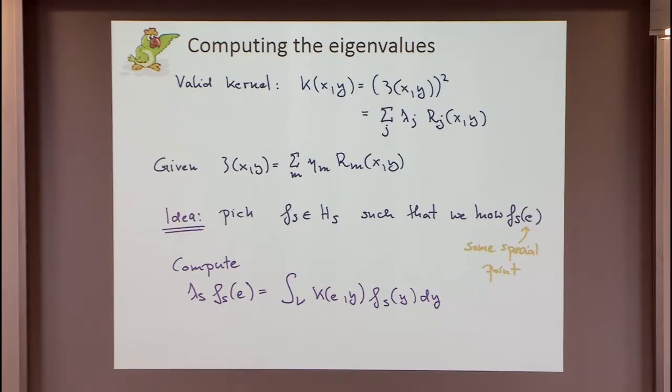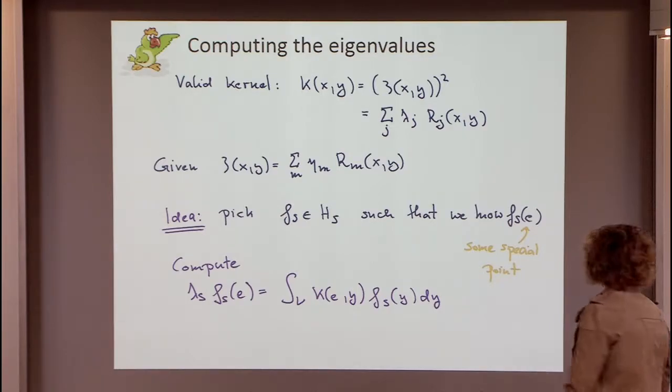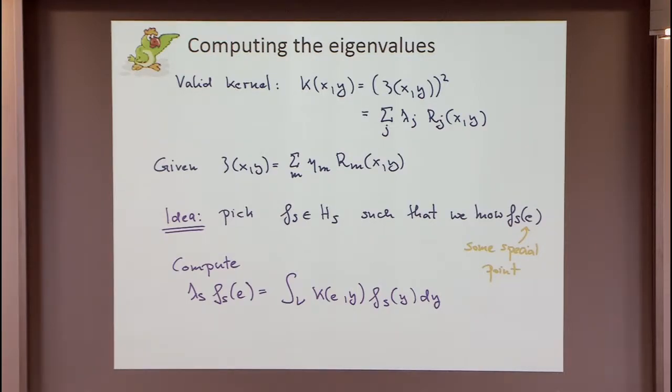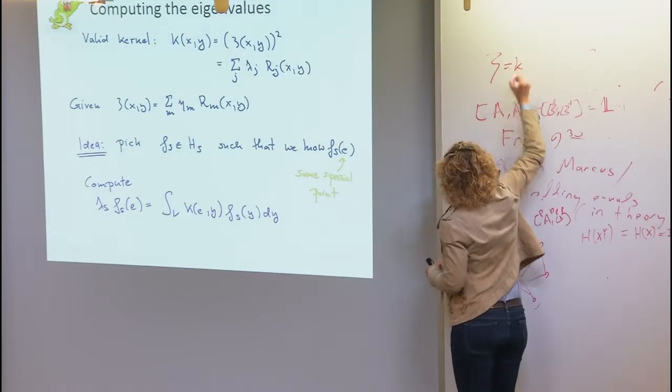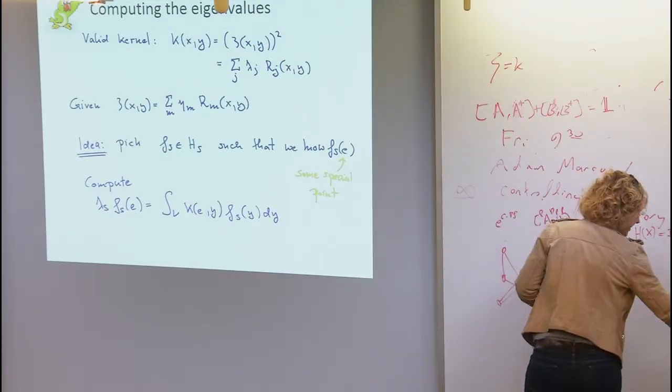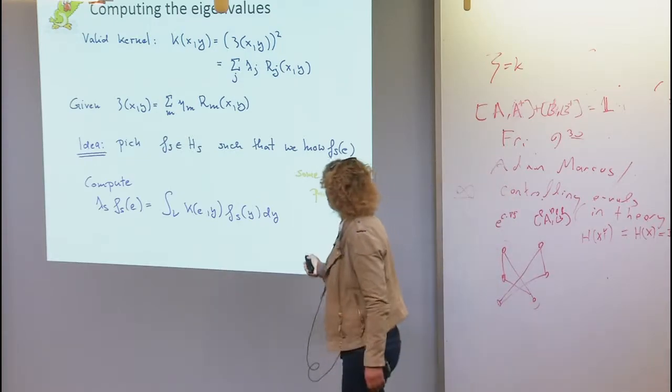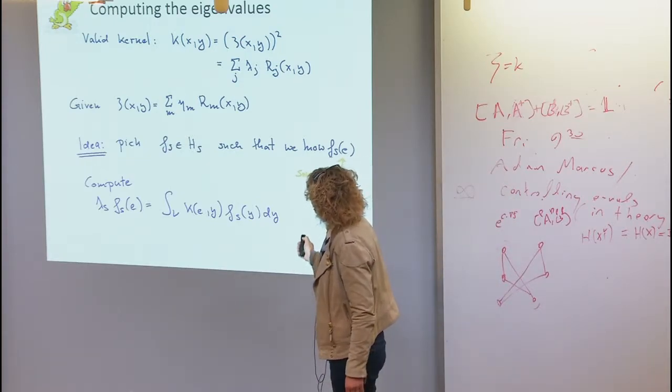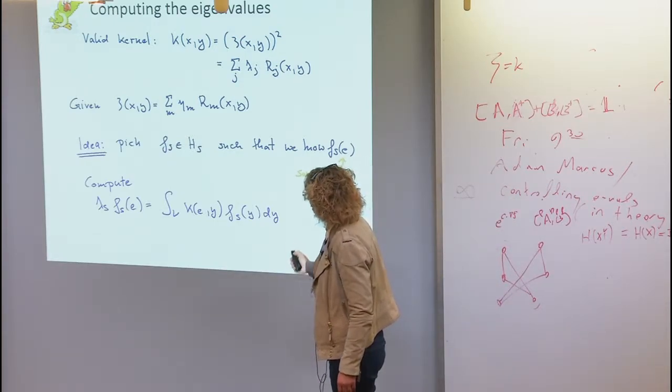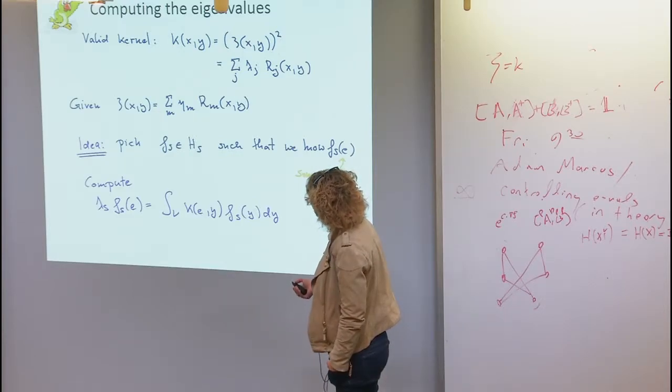Unfortunately, in my handwritten notes I call it zeta, so let's remember that zeta is equal to k. I know that my kernel should look like this, and I can also write this in terms of Gegenbauer polynomials.